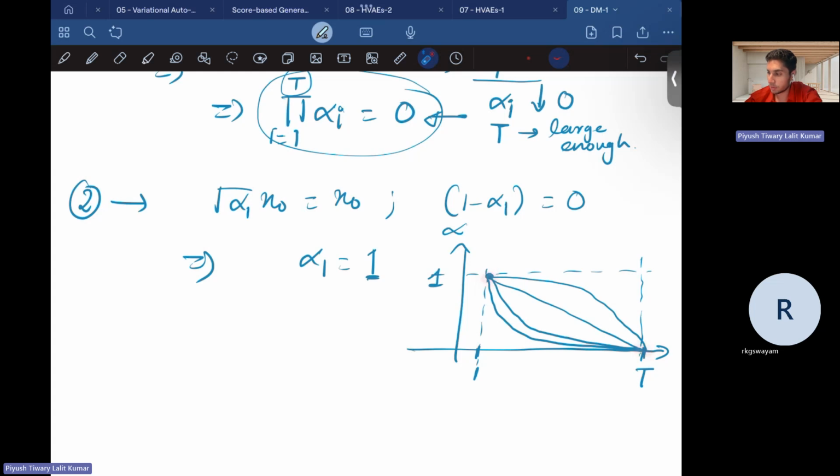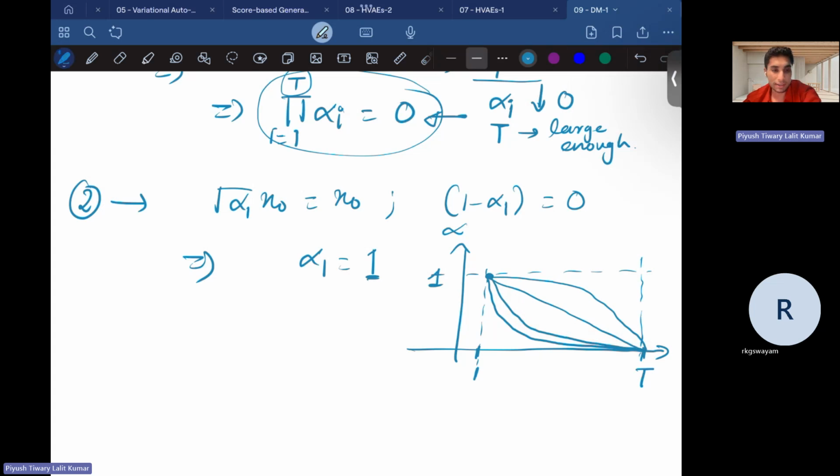So what kind of schedule? If I write alpha as a function of time, how should the graph of alphas look? That's the question. What I said was you can have any function which is monotonically decreasing to 0 between 1 and t. This is how you can choose your alphas.